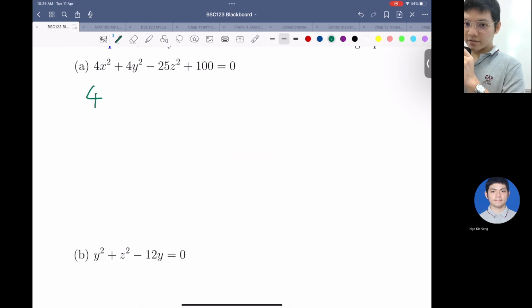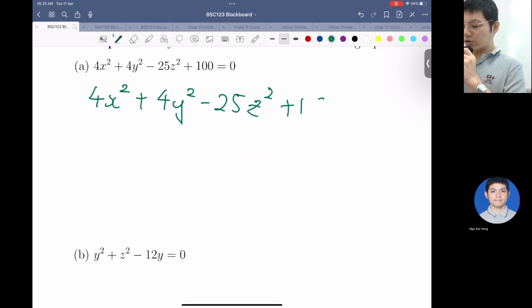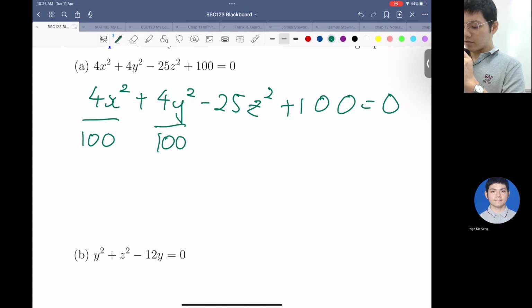Divide by 100. Good. So we divide by 100. Yeah, these are little small tricks, but they're really crucial. If you don't know how to divide by 100, then you will be in trouble.